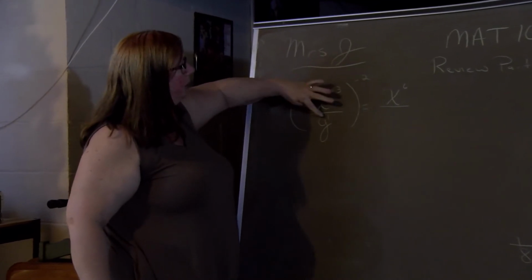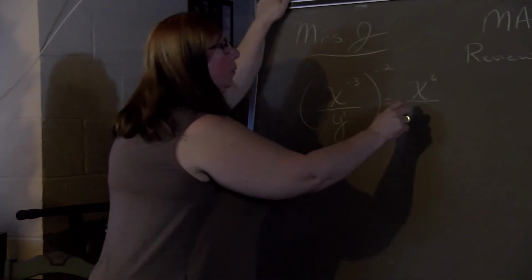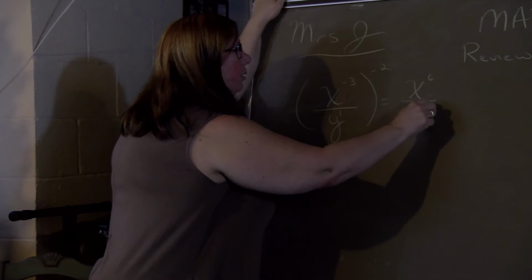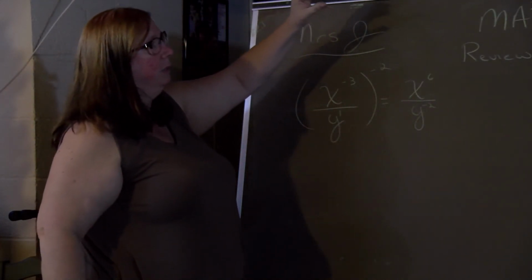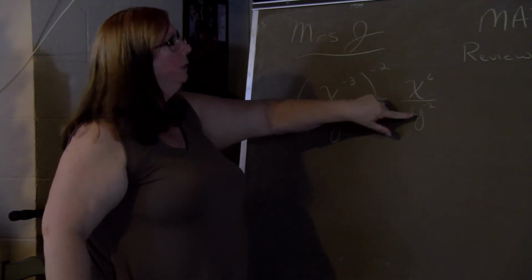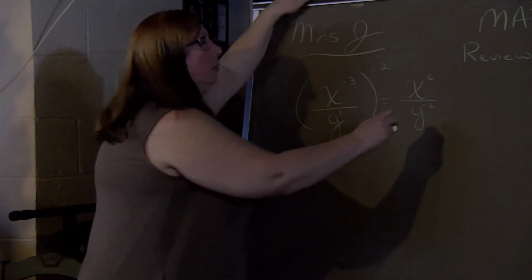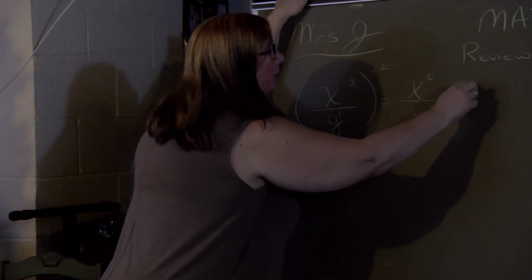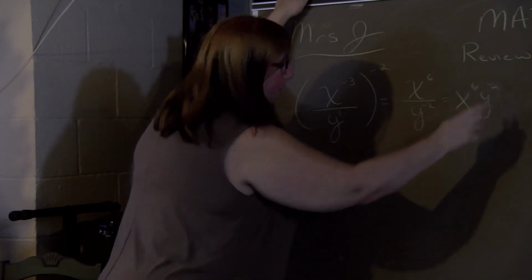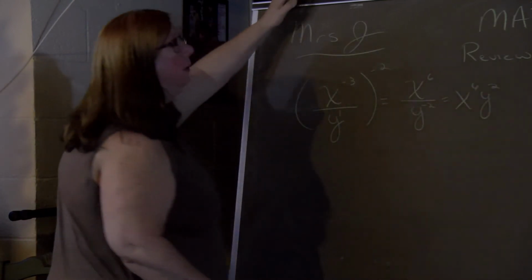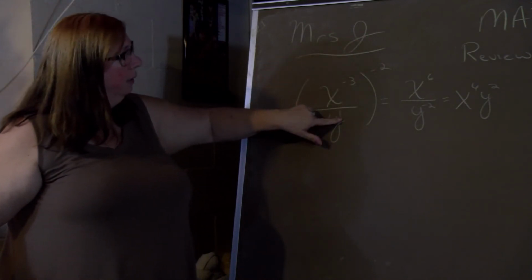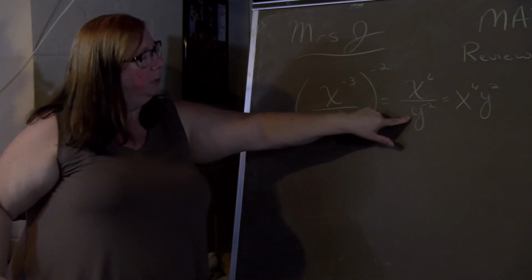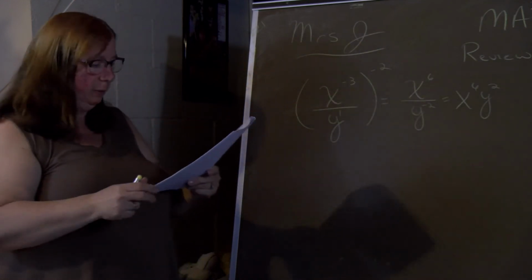So this would be 1 times -2, or y to the -2. We need to make this positive. Just like when a negative's in the numerator, we move it down. If it's in the denominator, we move it up. So this answer would be x to the 6th y squared. So this we can multiply, and then this one needs to move up to get a positive exponent.